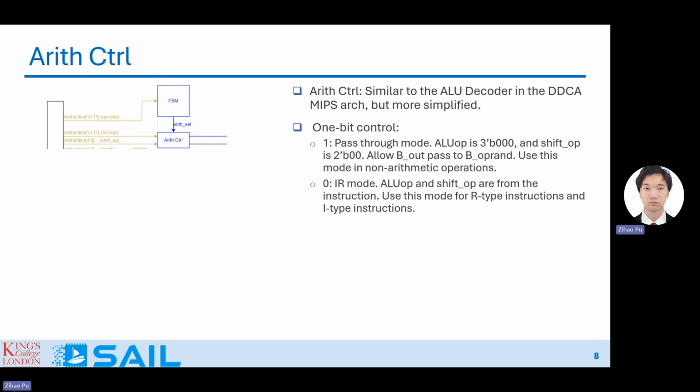You just use an add instruction, and let the ALU do the adds. So you can use this mode for non-arithmetic operations like jump, load, and branch. The other one is IR mode, where the functionality of the ALU and shifter is based on the instruction register. So ALU OP and shift OP are from the instruction. You use this mode for all the R-type instructions and I-type instructions.